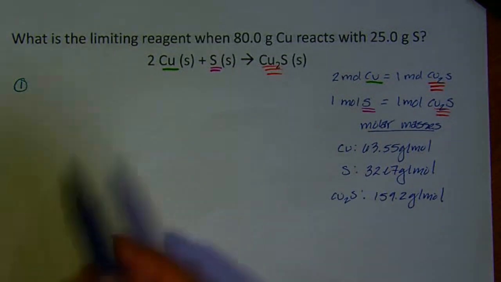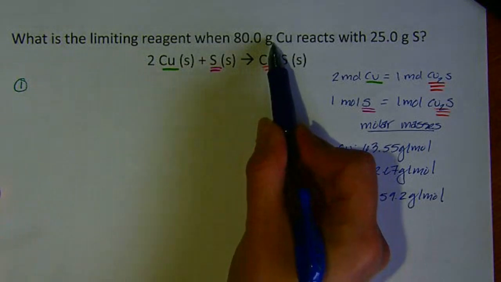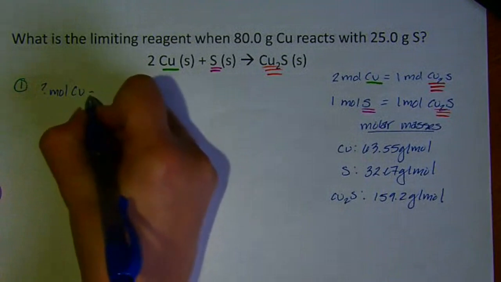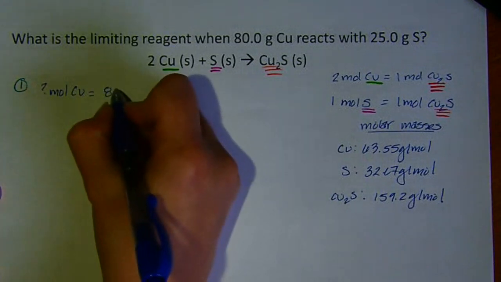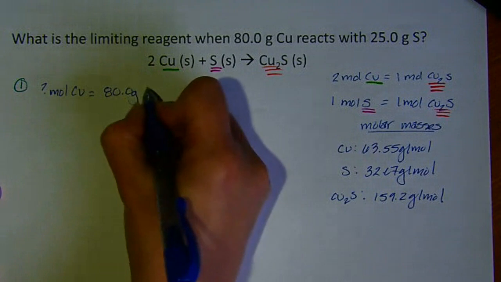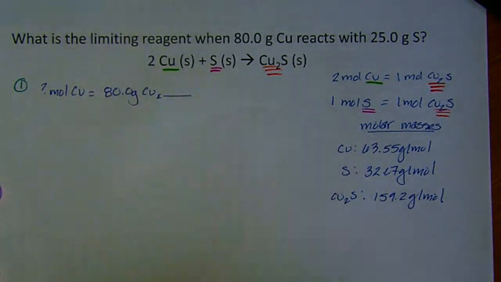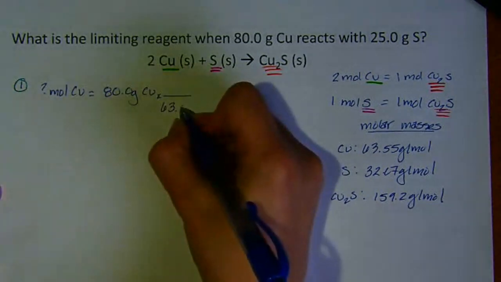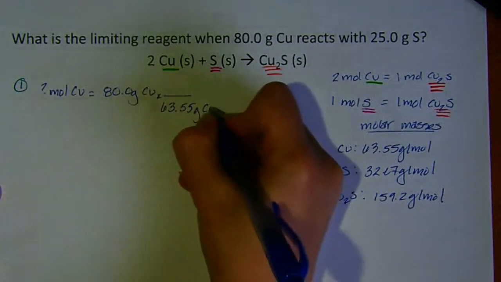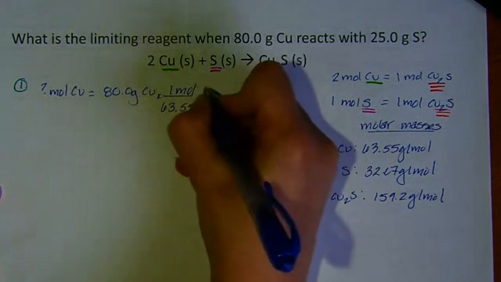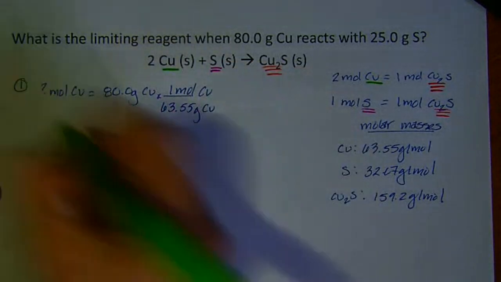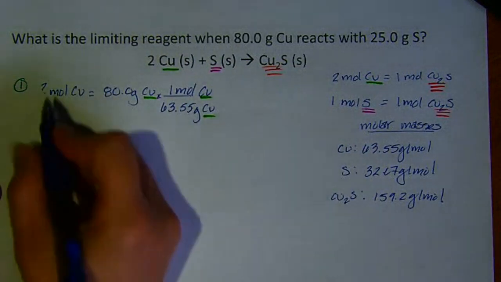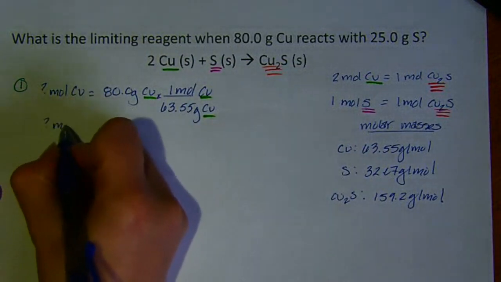So let's use those molar masses to convert each of my quantities into moles. We know that for every 63.55 grams of copper I have, that corresponds to 1 mole of copper. We're going to do the same thing for my sulfur.